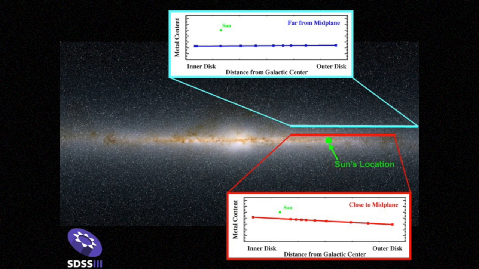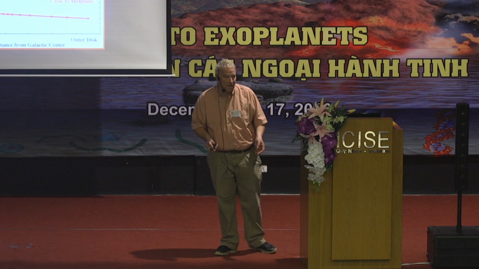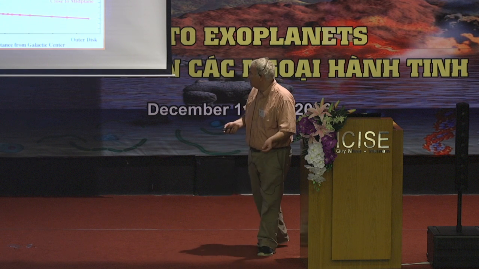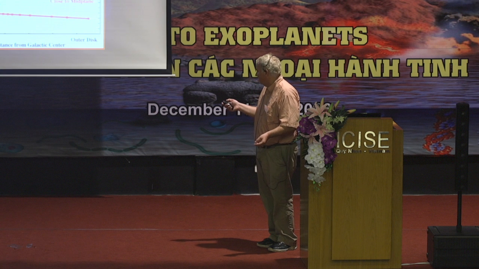They need to be generally formed more recently and in the galactic plane. There are plenty of stars in the solar neighborhood, for instance, that just don't meet this criteria. Close to the midplane, the metal content of the sun is more like the inner part of the galaxy and quite a bit less like the outer part of the galaxy.